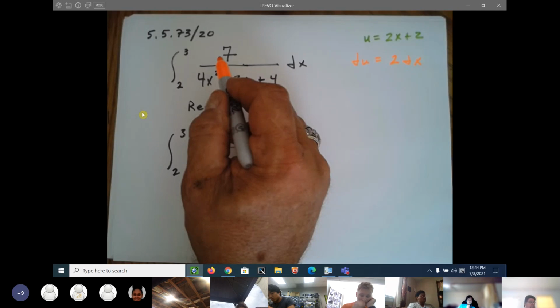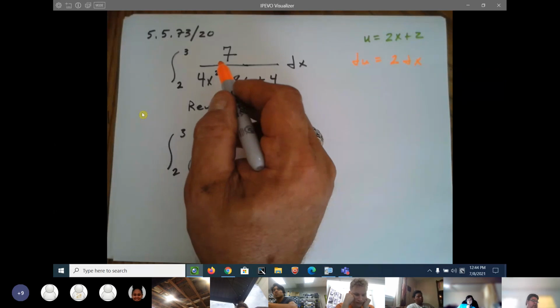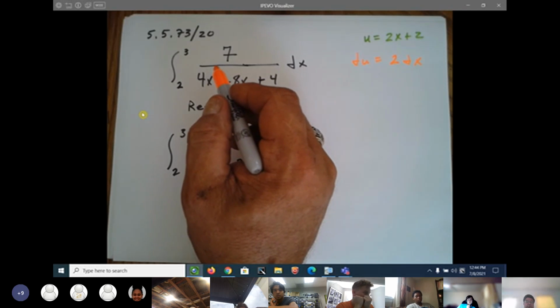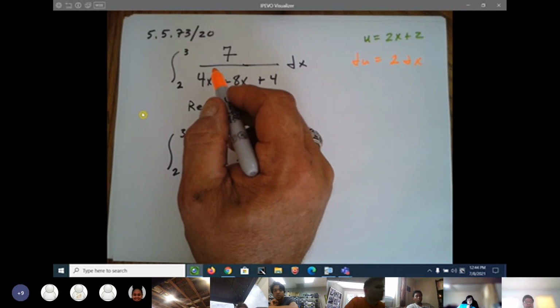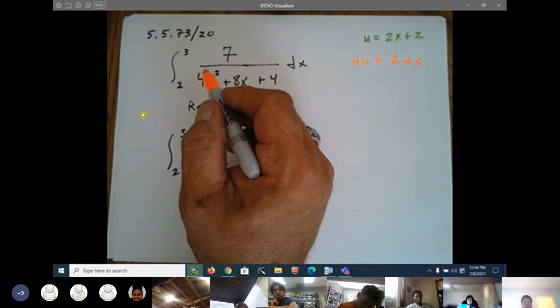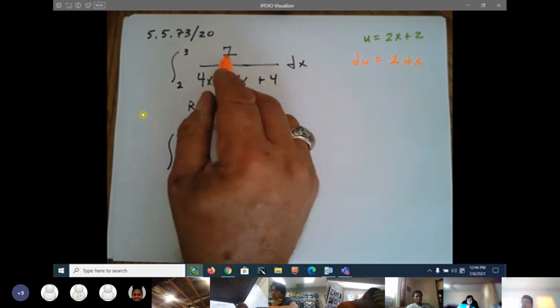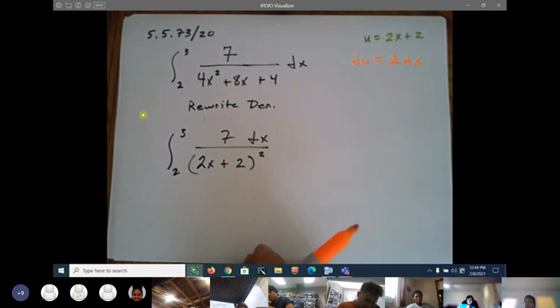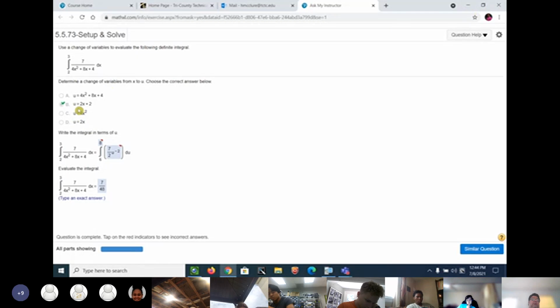I'm thinking. Let's see, where did I do this problem? Yeah, here it is. Yeah, I don't know how to get 7 to look like a 2. I just did exactly what they did. u is equal to 2x plus 2.